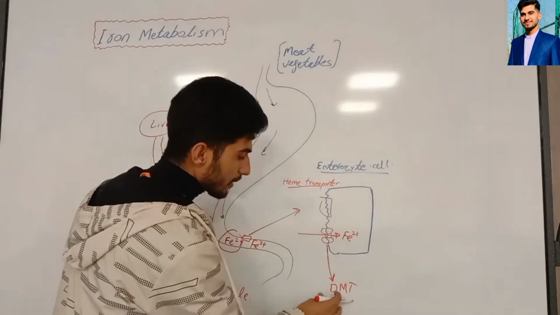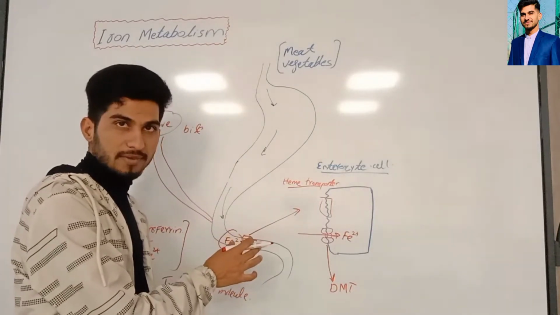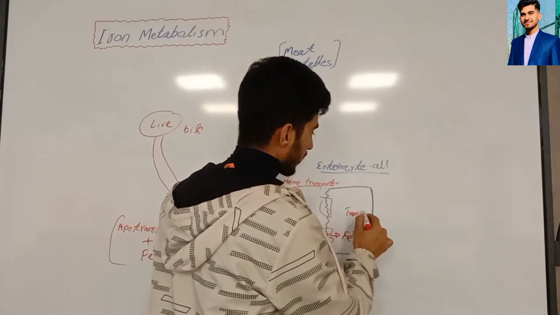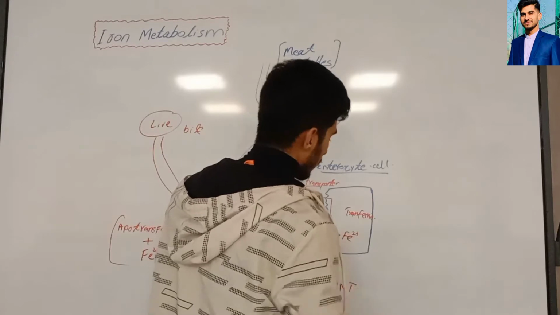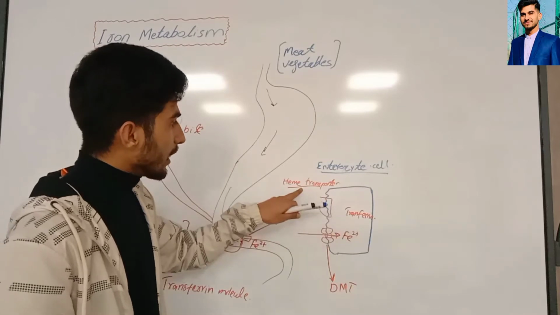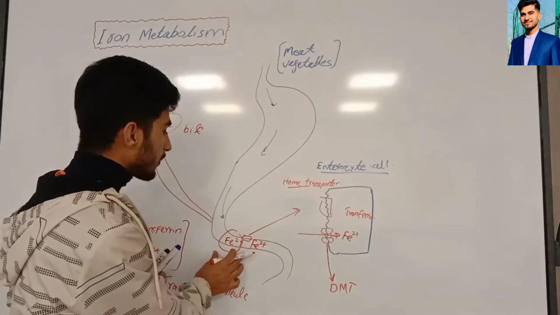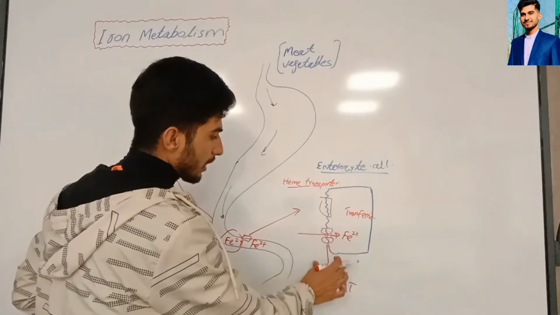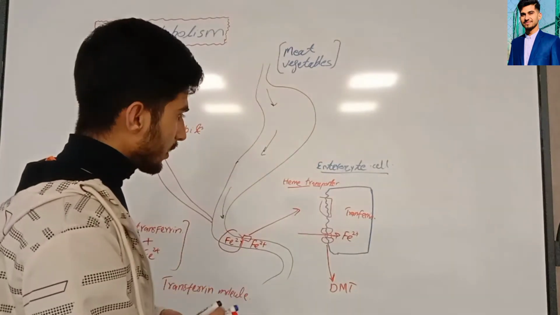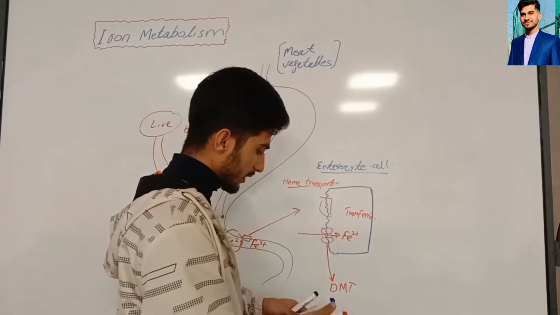So this divalent metal transporter will absorb iron in the form of ferrous ion. So the transferrin molecule is also transported through the heme transporter, and iron in the form of ferrous ion will also be transported in through the divalent metal transporter. Okay, now here is another transporter.